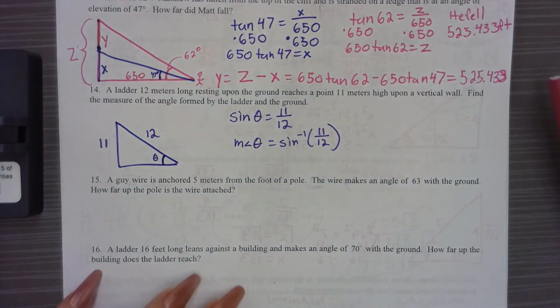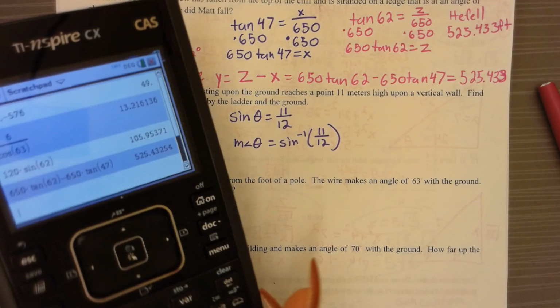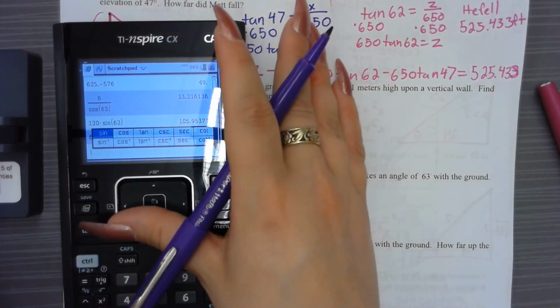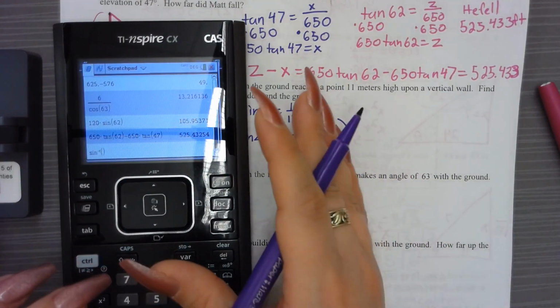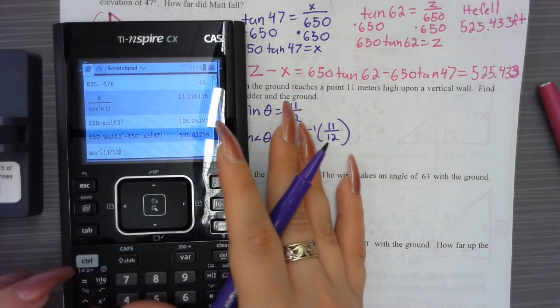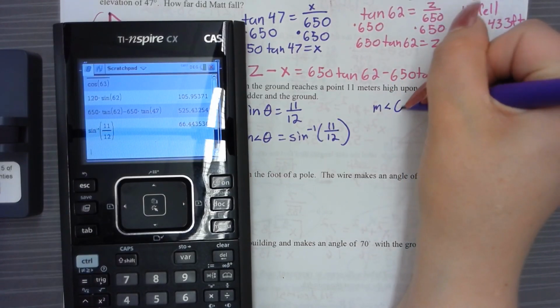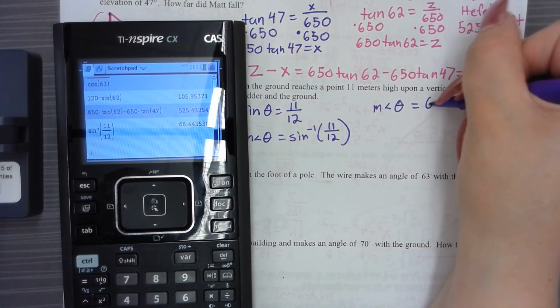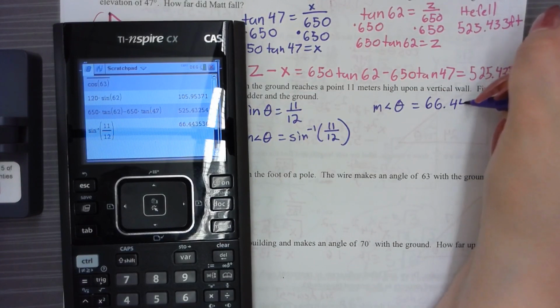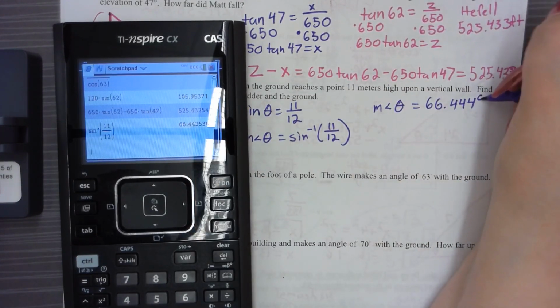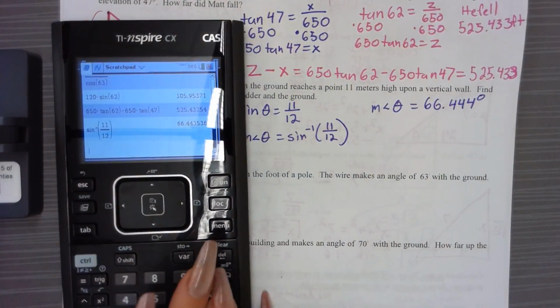And so then we would just plug that into our calculator. So we'd say trig, we'd go down to inverse sine, and we would say 11 divided by 12. And so we would get that the measure of angle theta is equal to 66.444, because again, proper rounding, degrees.